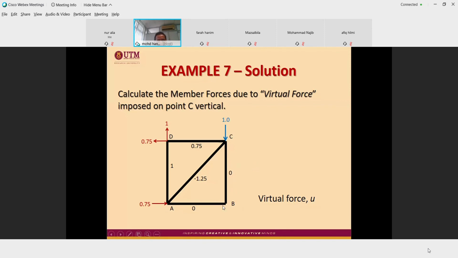Two members meeting at a joint where there is no external force, the force in each member is equal to 0. So now what is left here is only 3 members.